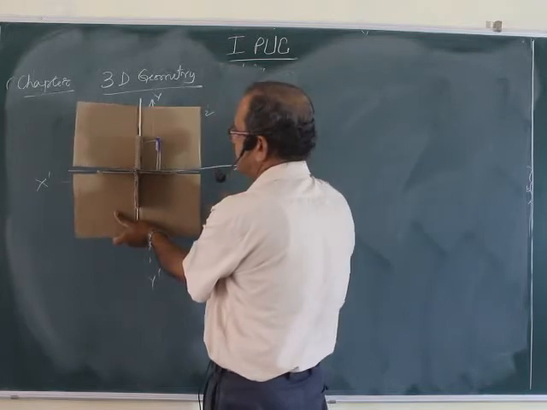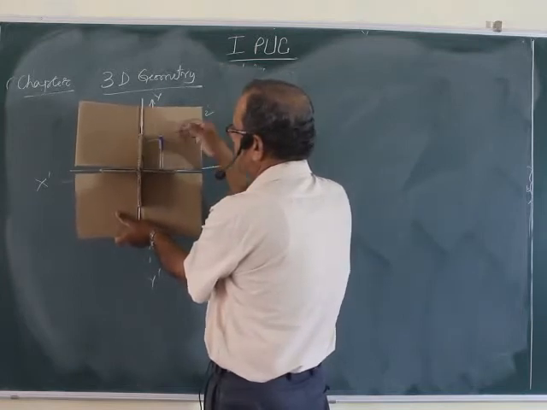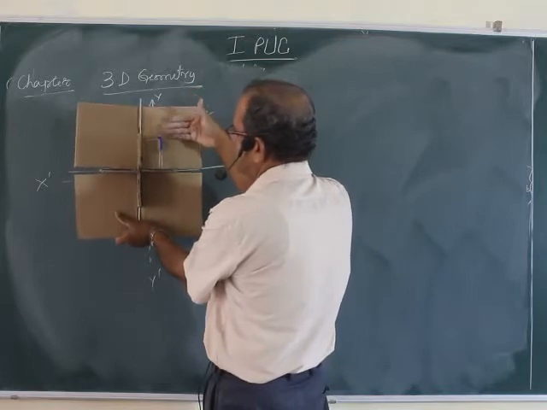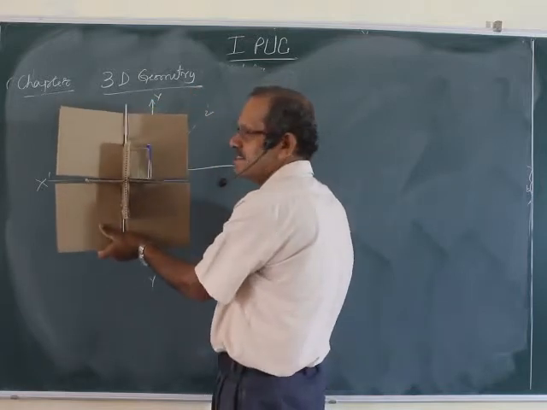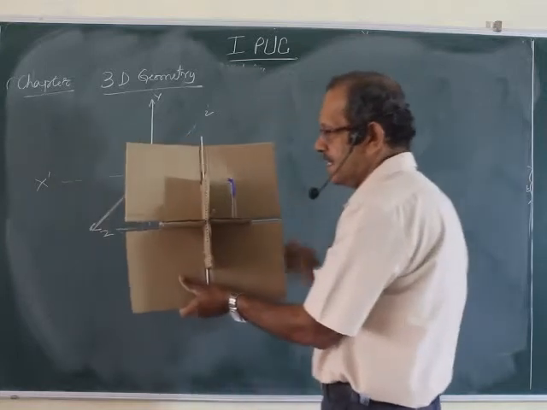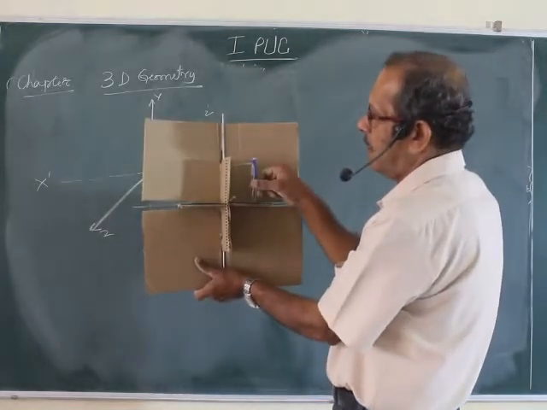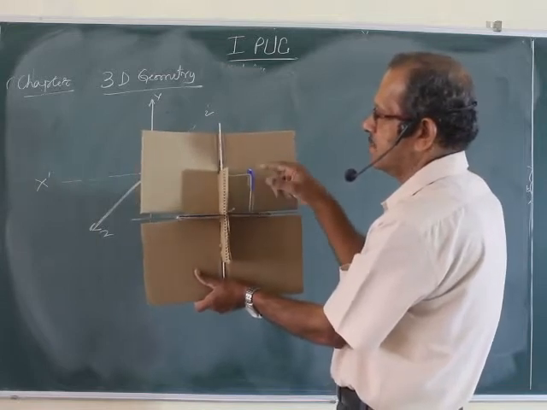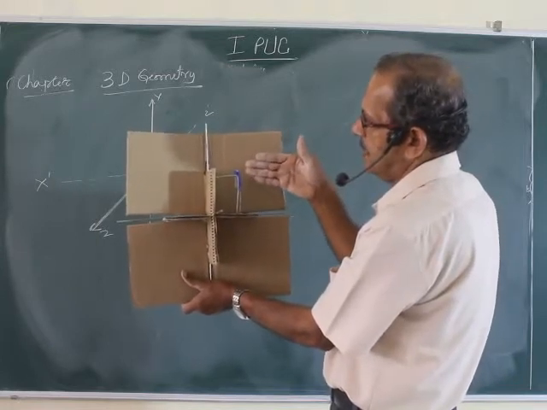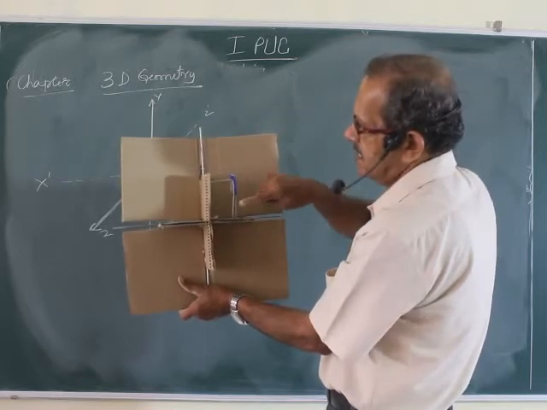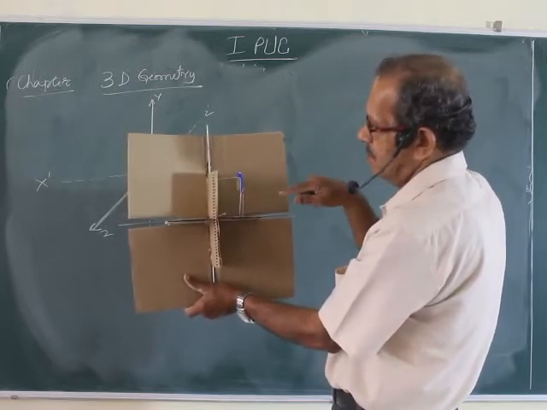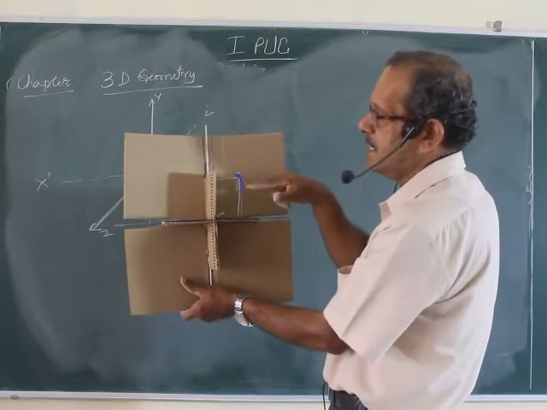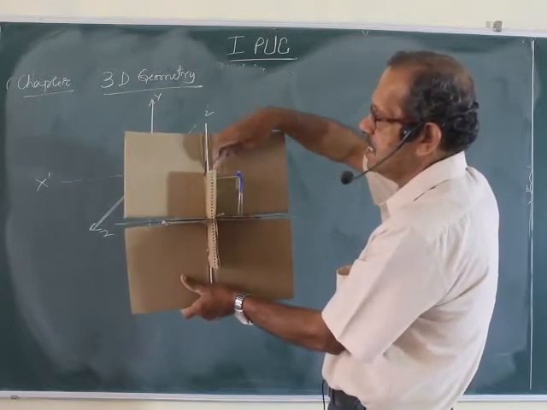This is the point. Distance of the point from the xy plane, see, this is the plane. It is called the coordinate. Remember, the point is here. White mark I have shown, it is the point. This is y coordinate. From the xz plane, what is the distance to the point? It is y coordinate.